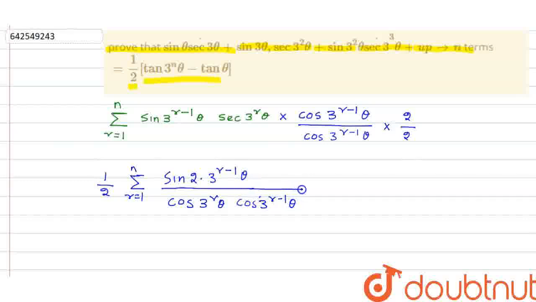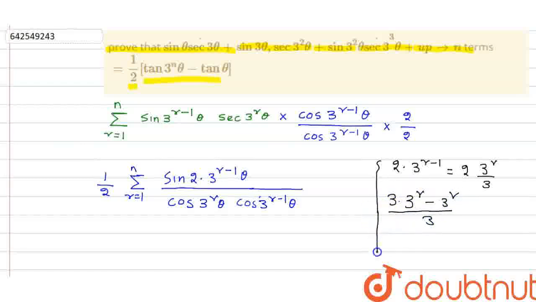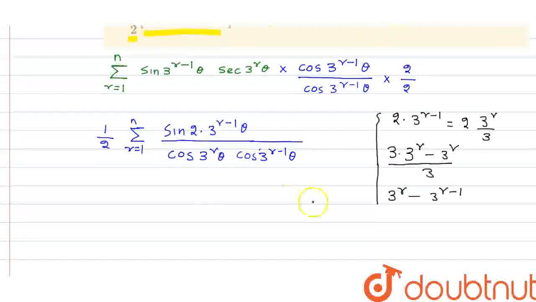Now there is a very important step here: this 2 times 3^(r minus 1) can be written as 2 times 3^r upon 3. And this 2 times 3^r can be written as 3^r minus 3^(r minus 1), times 3. Now if you divide this, this becomes 3^r minus 3^(r minus 1).